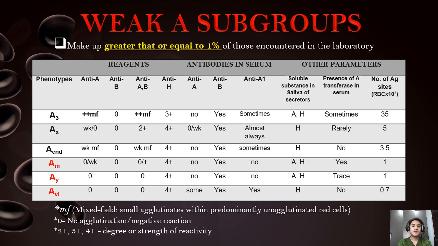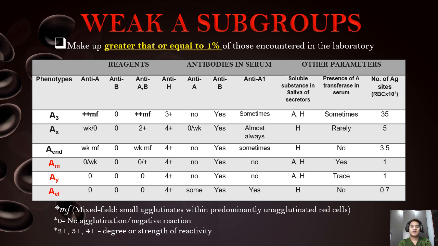This table shows the reactivity of each of the weak A subgroups with different reagents and red cell suspensions, along with additional parameters like soluble substances in saliva, the presence of A transferase in serum, and the number of antigenic sites formed on each of the weak subgroups. Okay, class, MF represents mixed field reaction, meaning small agglutinates within predominantly unagglutinated red cells.